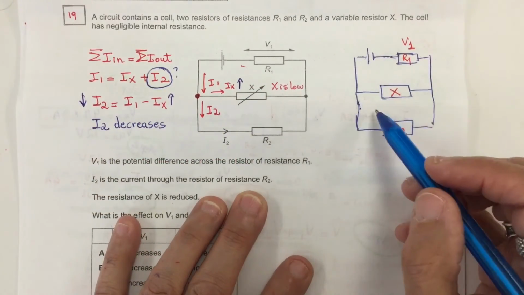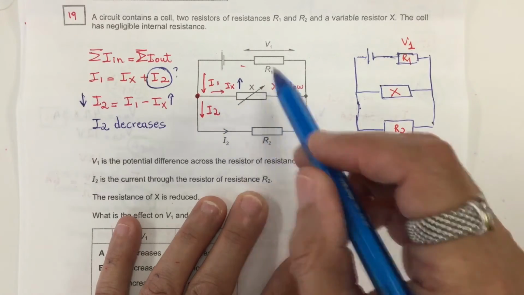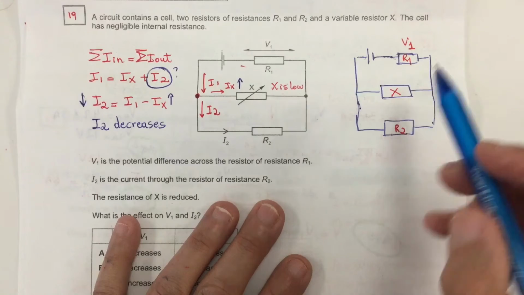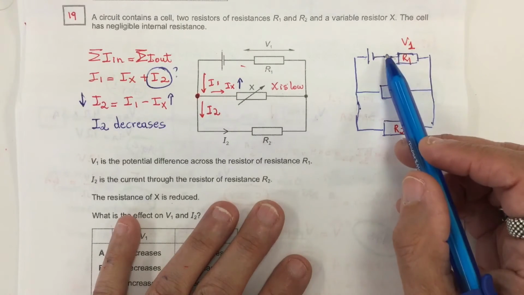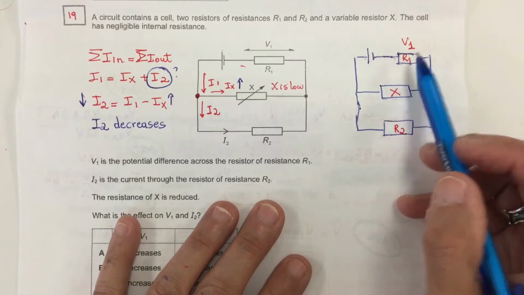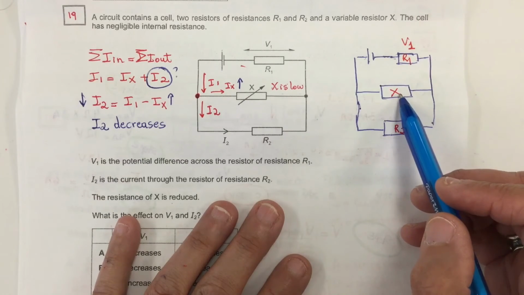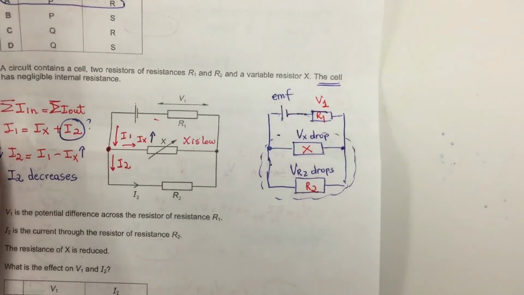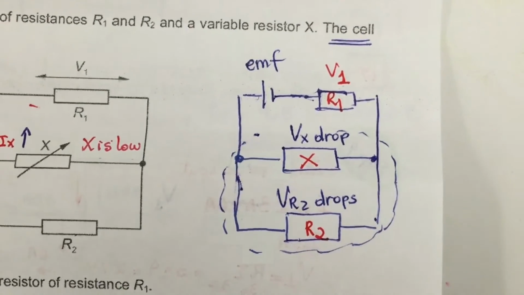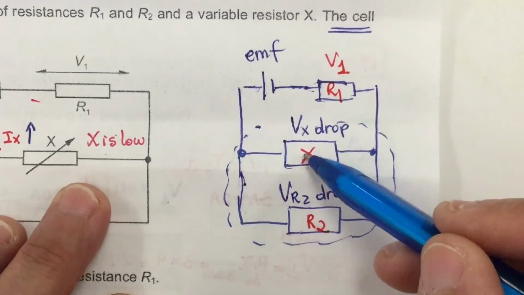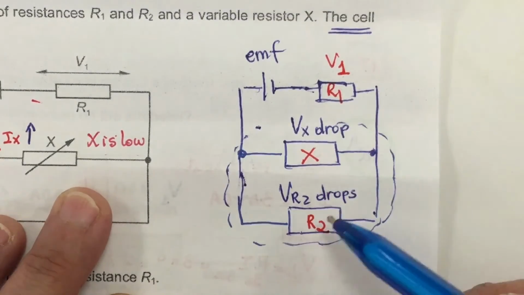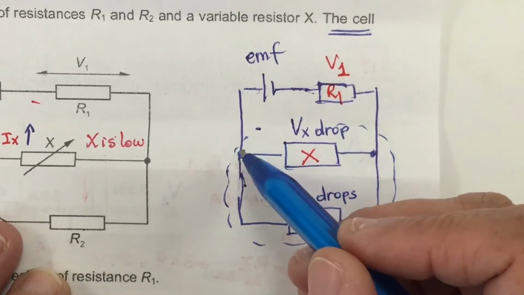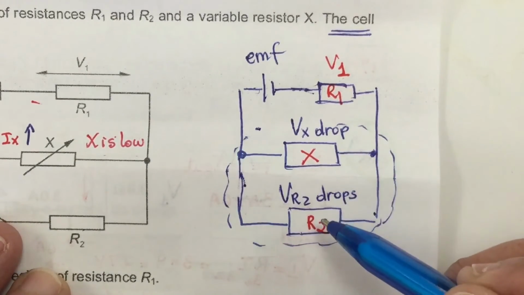I draw another circuit here because we have so much stuff in this one, so a clearer one to take a look at what happened to the PD, or the voltage across the resistor R1, when the X drops its value. Now let's take a look at this circuit right here. The resistor X and the resistor R2 are in parallel, which means that the voltage on both is the same.